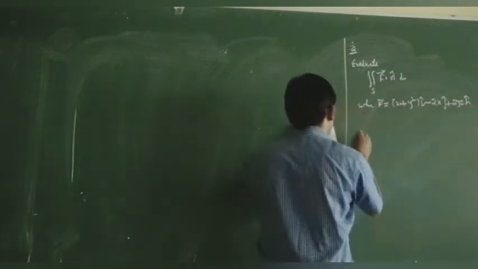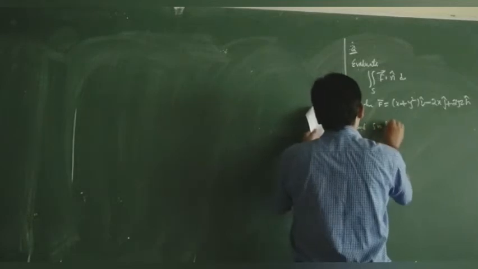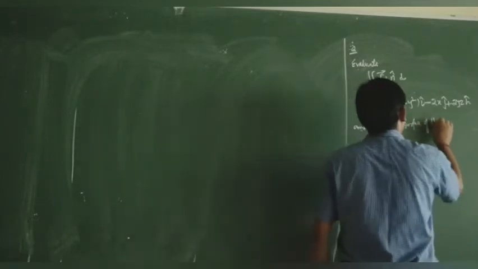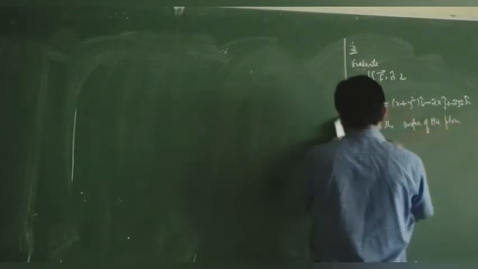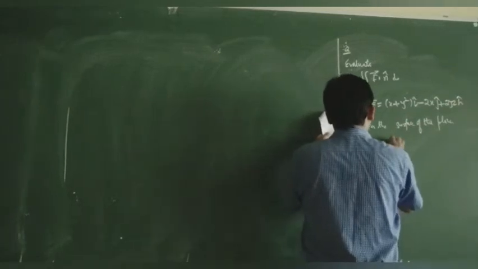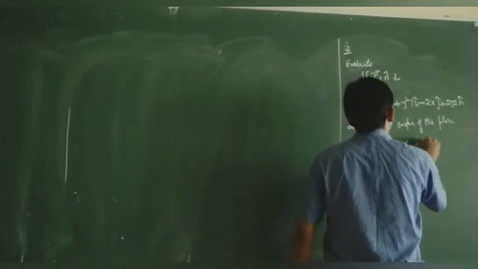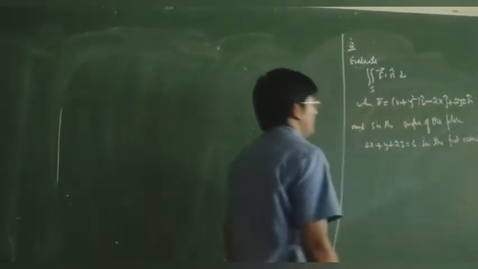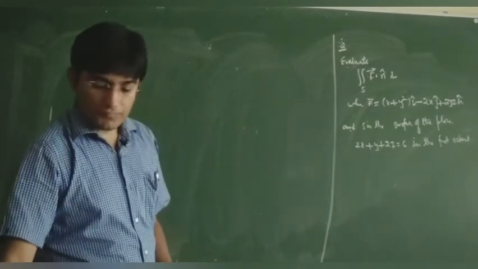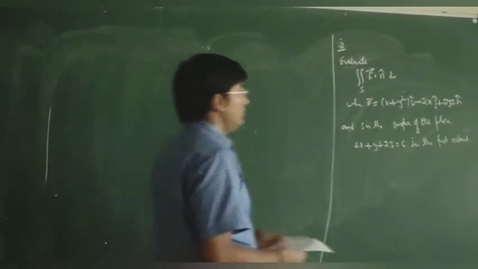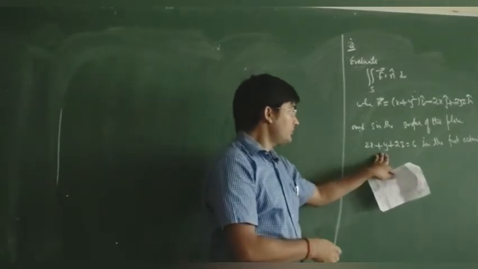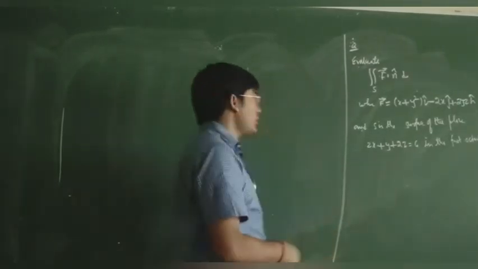So this is your F, and your S is the surface of the plane 2x plus y plus 2z equal to 6 in the first octant. Here we have to evaluate this double integral where our F is this vector function, and your S is the surface of the plane. This is your plane which is included in the first octant.